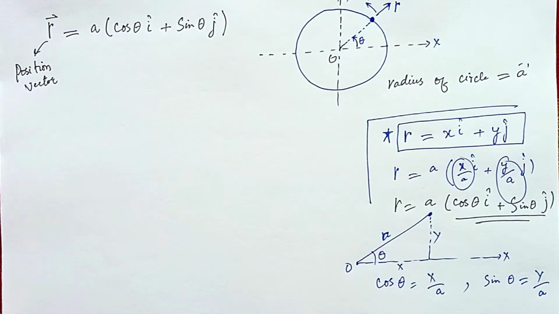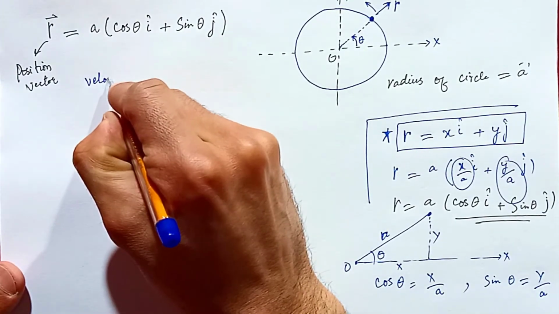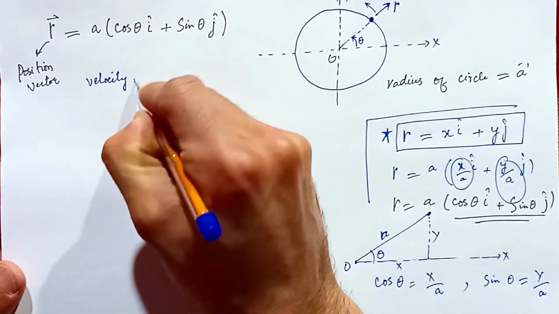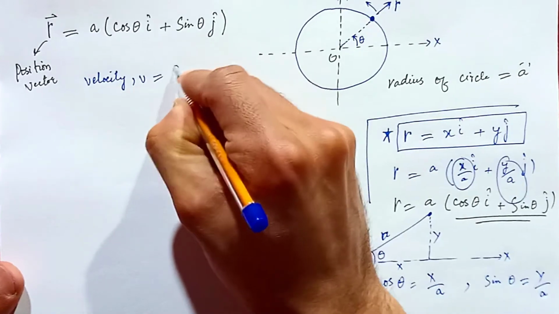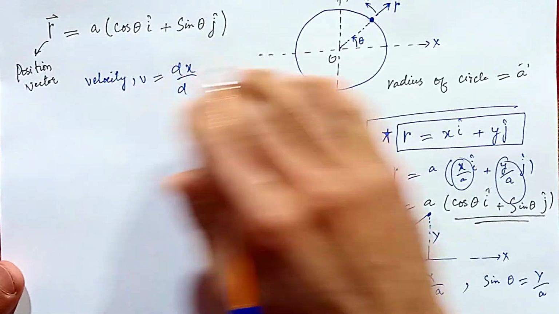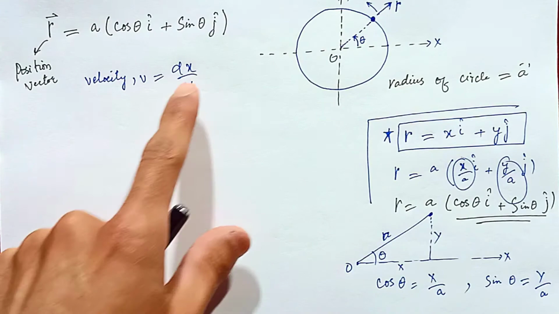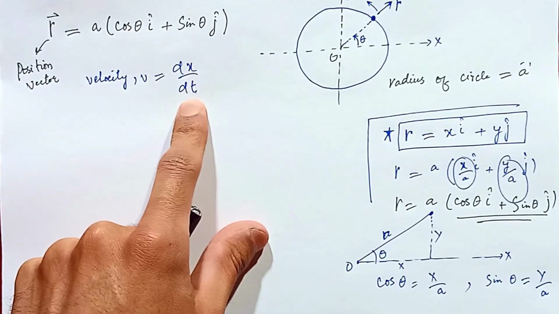And the velocity, what does velocity mean? We write velocity as dx by dt if it's moving along the x-axis only. That is the differentiation of position vector with respect to time.